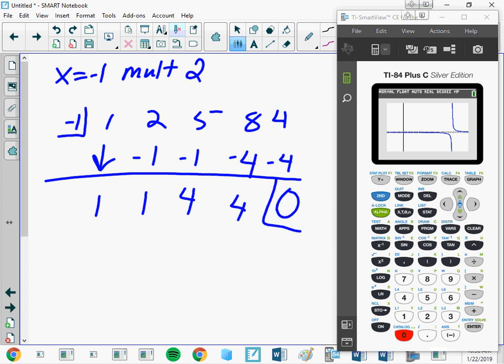I did. Now what do I do? Do it again, because it's multiplicity 2. So I'm going to put negative 1 back in, and I should get remainder 0.